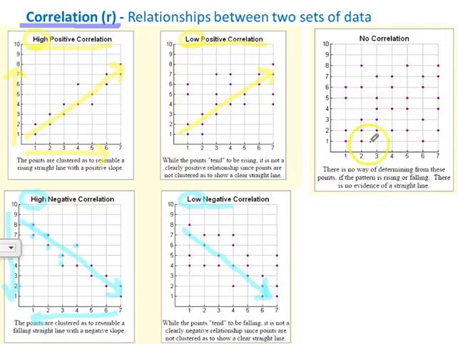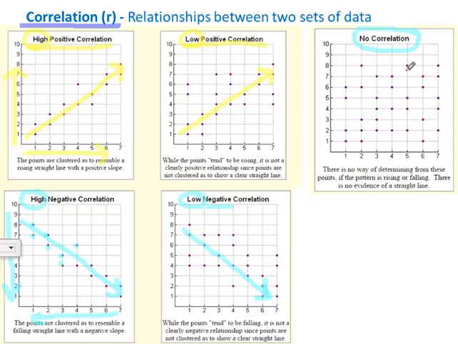Sometimes all of our points are scattered all about and they really don't seem to be directed in either direction. They don't look like they're increasing or decreasing, and we would just call this no correlation. So again, you want to look to see if your points tend to be rising or falling, and that tells you if you have positive or negative correlation.